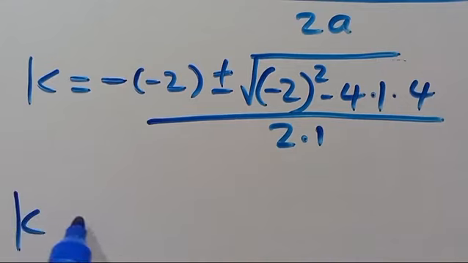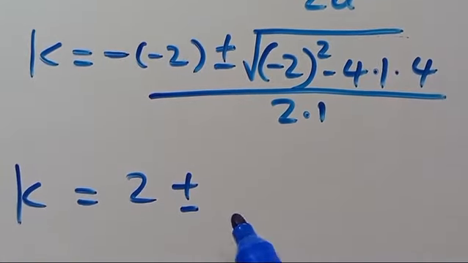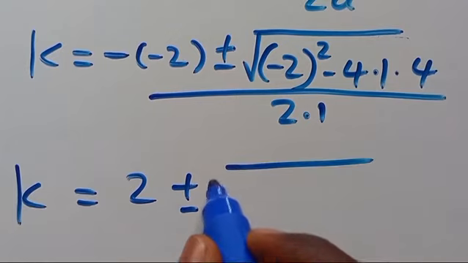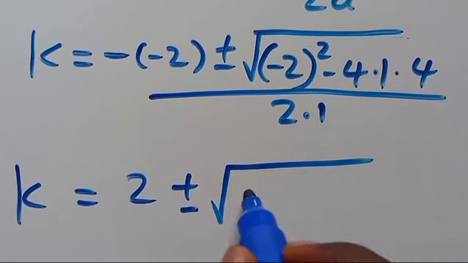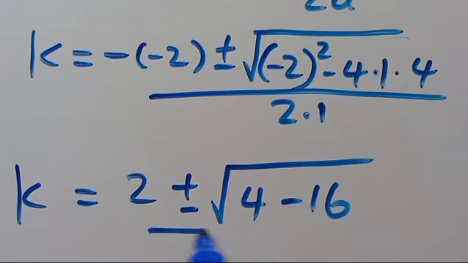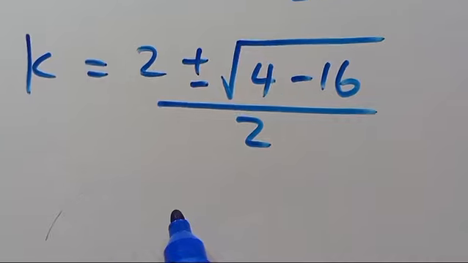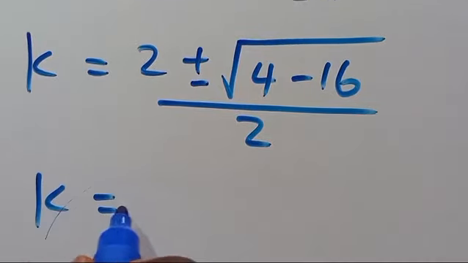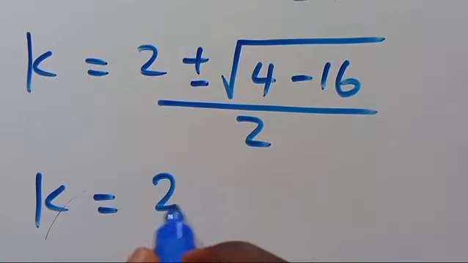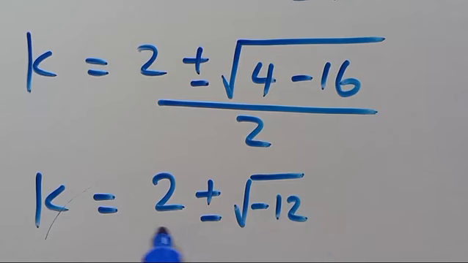So k equals minus times minus will be plus 2, positive or negative root of 4 minus 16, divided by 2.